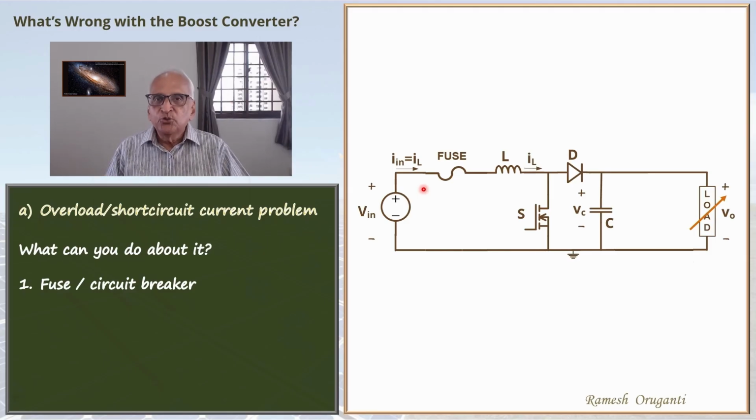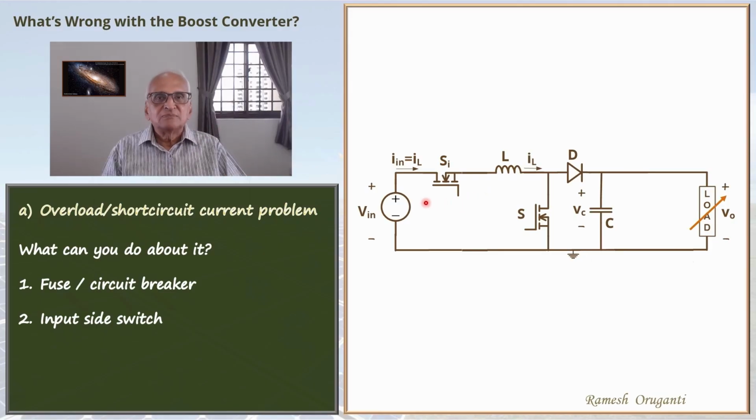So what we can do is to introduce a series power semiconductor switch. We can do it on the input side. That will be one solution. Here we have shown a power MOSFET Si in series with the inductor. When overload or short circuit occurs, that will be sensed and the switch Si will be opened.